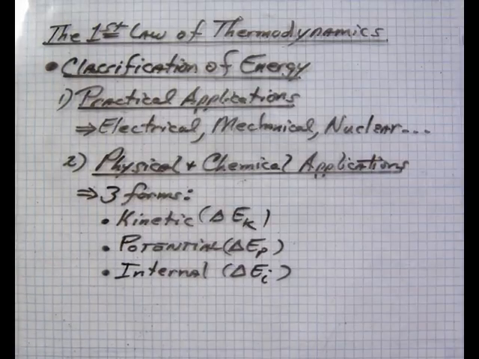Classification of energy is broken down into a practical application or a physical or chemical application. The concepts that are applied, electrical, mechanical, nuclear, all use the chemical and physical issues that we're about to talk about when we talk about types of energy. If you become a mechanical engineer, you'll be talking about mechanical energy.